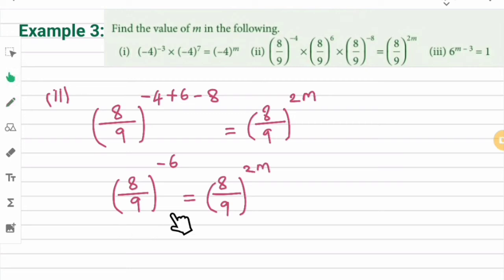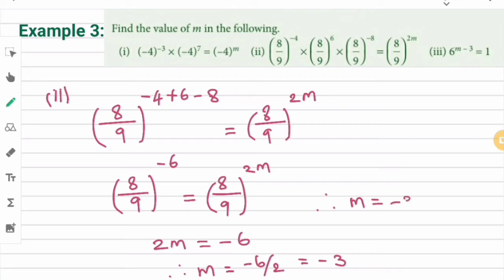And we are having a same base, so the powers are also same. From that, I am writing 2m is equal to minus 6. Therefore, m is equal to minus 6 by 2, and that is equal to minus 3. Therefore, what is the value of m? m is equal to minus 3.